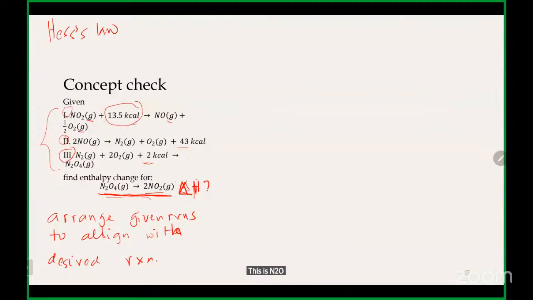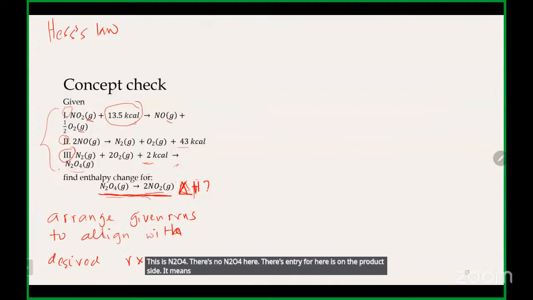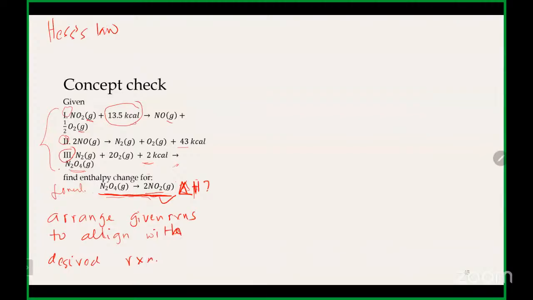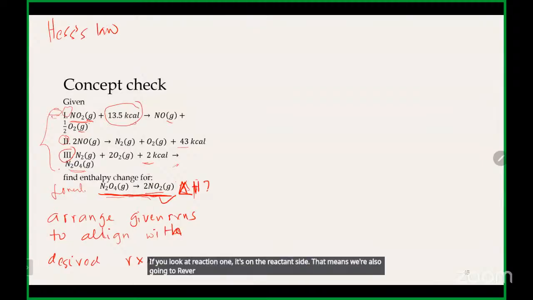There's no N2O4 here. There's N2O4 here. It's on the product side. It means definitely we are going to reverse reaction 3. There's NO2 here. It's on the product side in the final reaction. If you look at reaction 1, it's on the reactant side. That means we are also going to reverse reaction 1. Also, there are 2 moles of it here. It means that we are going to multiply reaction 1 by 2 when we reverse it.